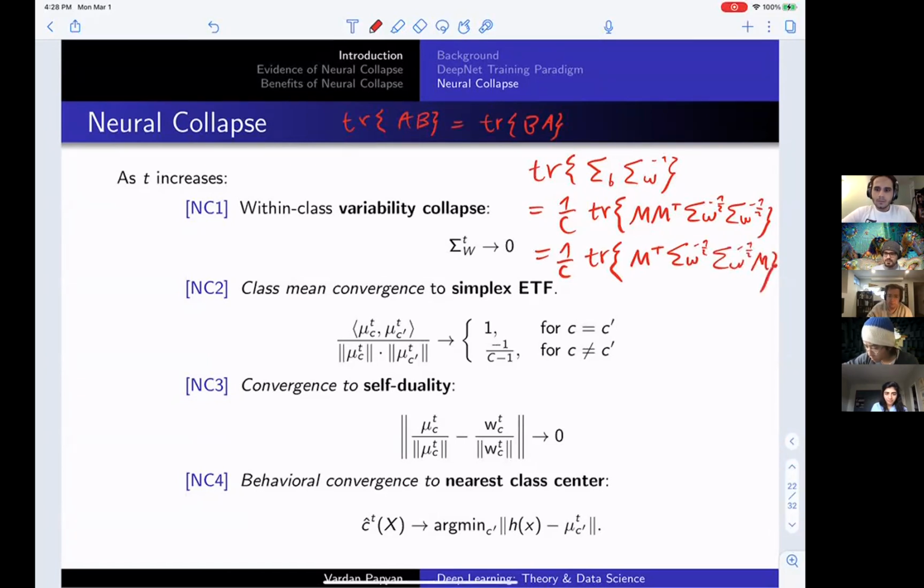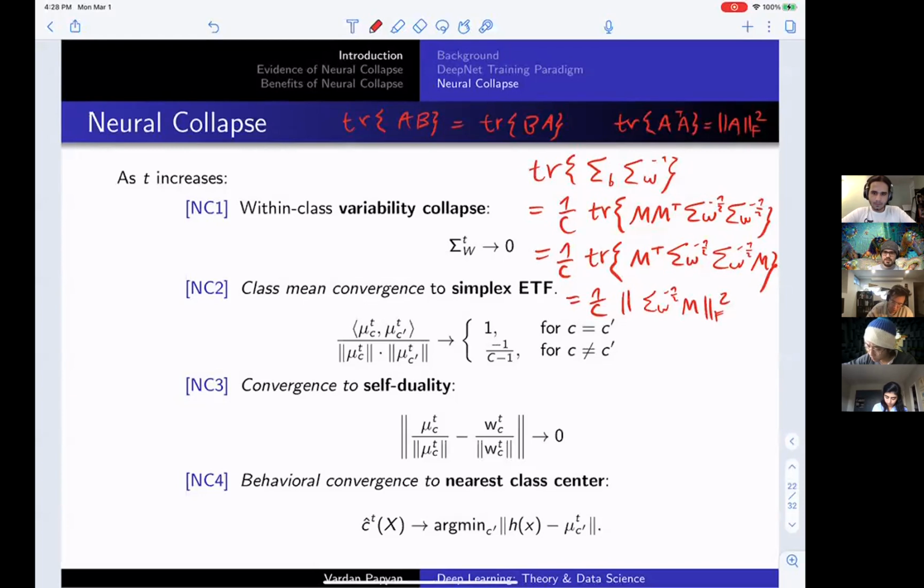And then there is the relation between the Frobenius norm and the trace, which says that the trace of A transpose A is equal to the Frobenius norm of A squared, right? Have you seen this? You have. And so this is equal to 1 over c times, I guess I should write, sigma w minus half times m Frobenius squared.